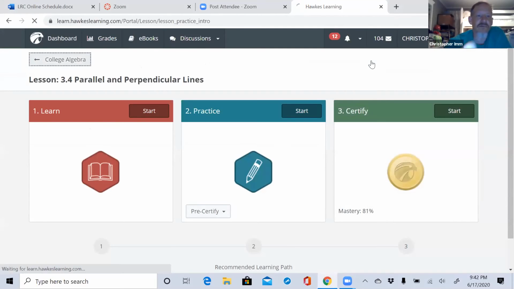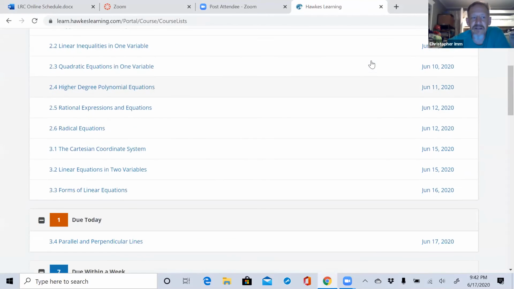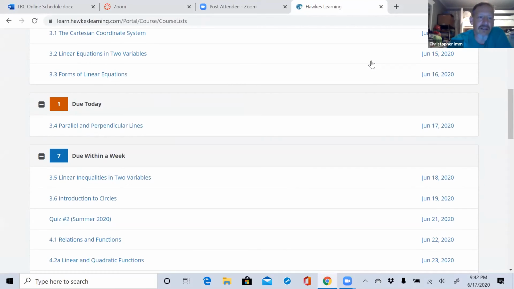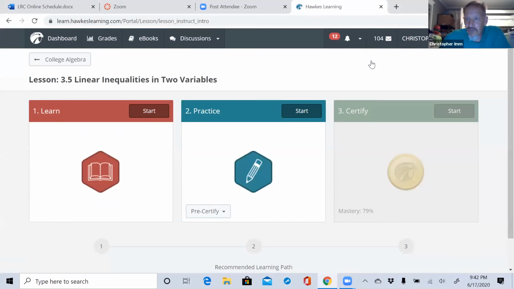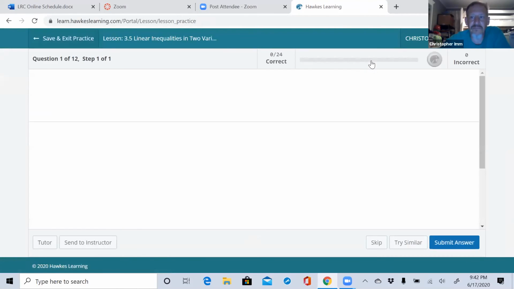So let's go back to 3.5. In 3.5, we're doing something a little bit different, but it's in the same vein. We're given linear equations, two or more actually, and in this case, inequalities. So in this case, it's going to be a region.